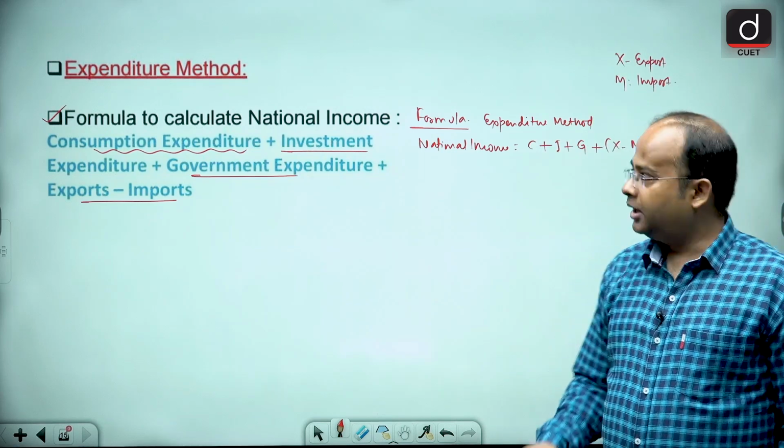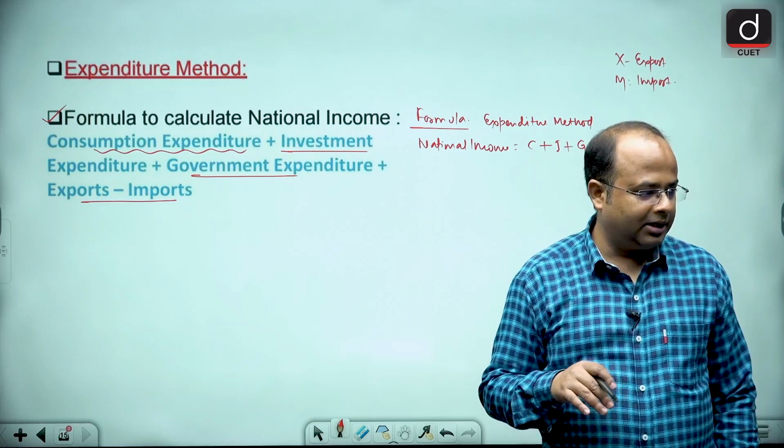X stands for exports and M for imports. C is consumption expenditure that is done by the residents of the nation.